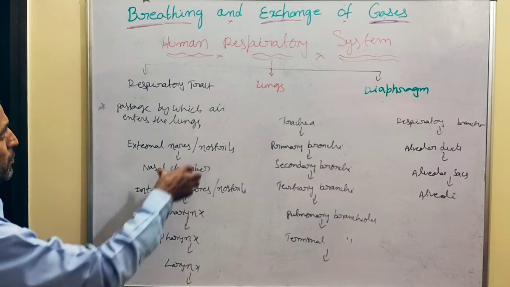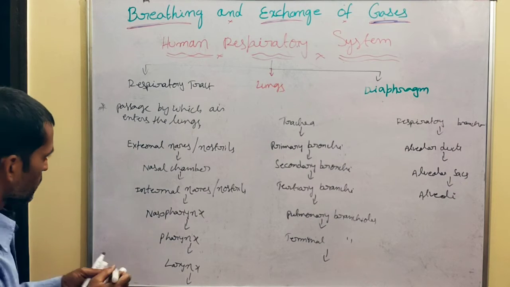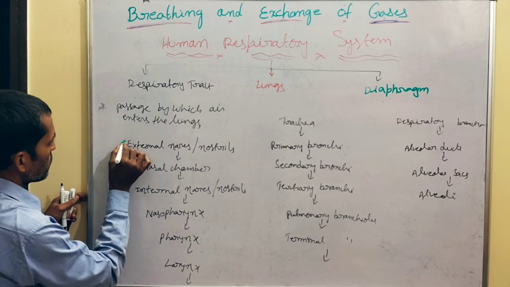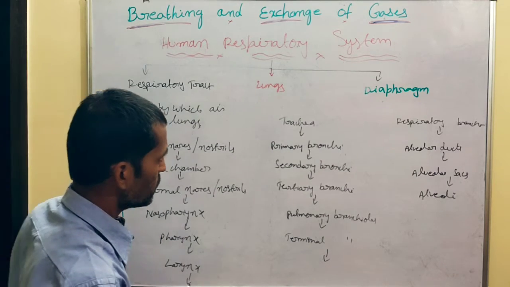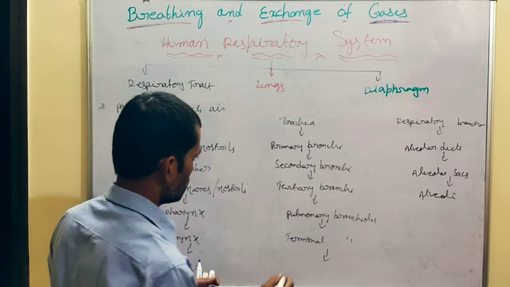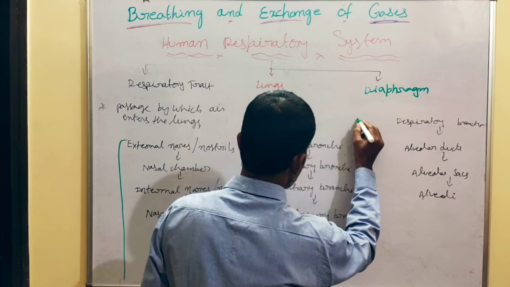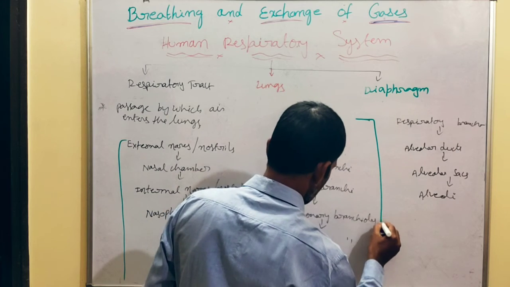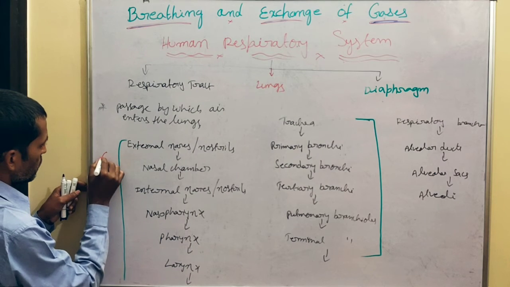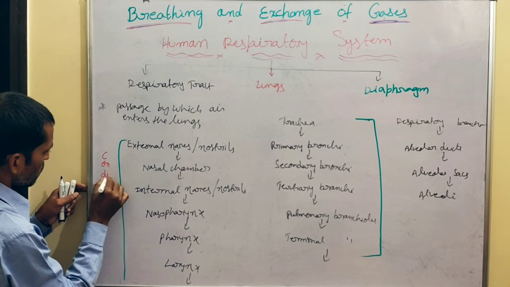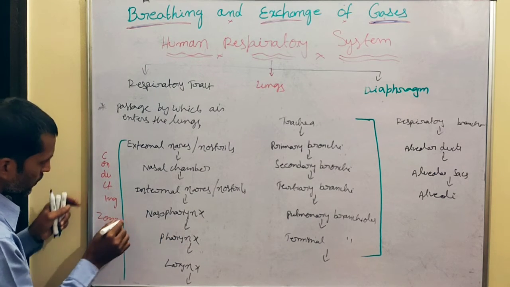Here this complete system can be divided into two zones. One is the conducting zone, another one is the exchange zone. The conducting zone from external nares to the terminal bronchioles is called the conducting zone.